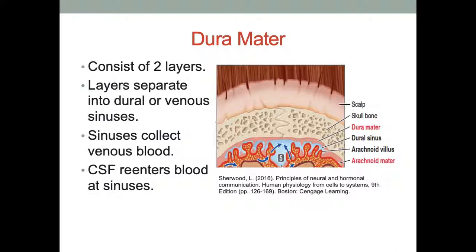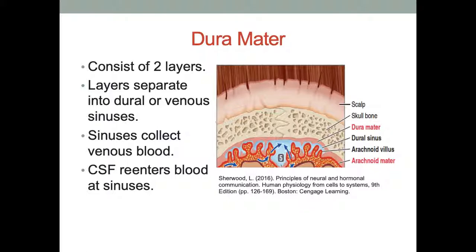So the two types of sinuses they form are dural sinuses or venous sinuses. The dural sinuses here tend to be the little smaller ones, and then the venous sinus would be where this number 5 is, which is a little larger. The role of these sinuses is to collect blood and fluid, and then once it's collected there, it can empty into the sinuses, return to the heart, and continue with the flow.